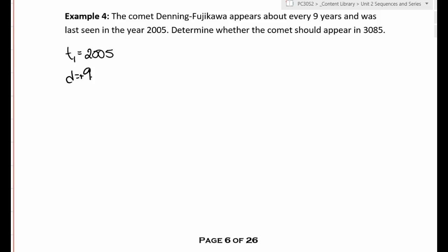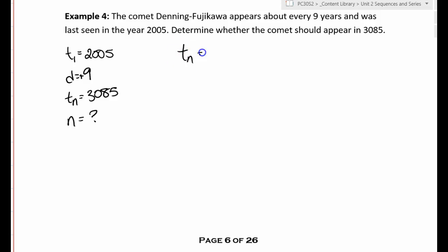Determine whether the comet should appear in 3085. So term n is going to be 3085. What would n be? Again, we know 3 out of the 4 variables in my equation.